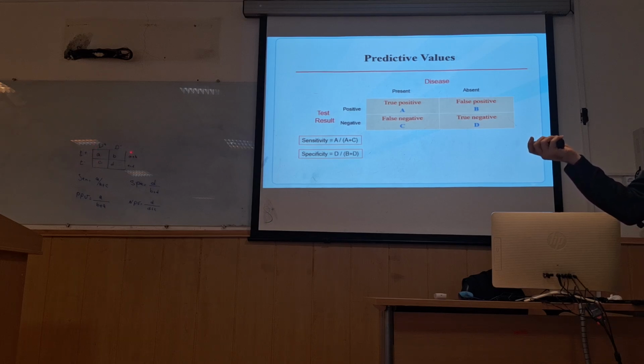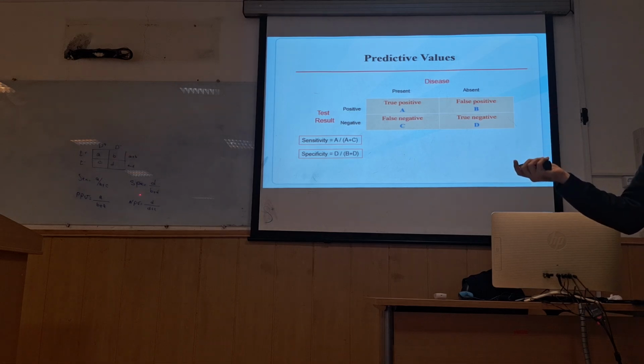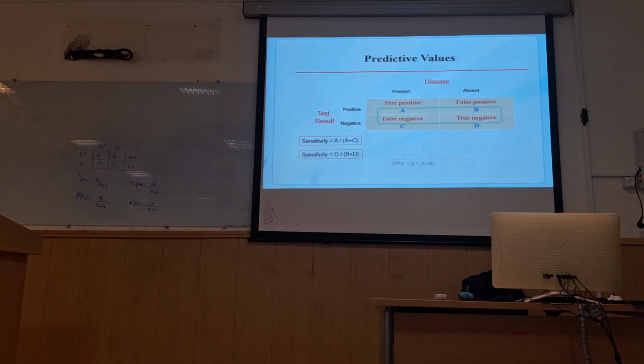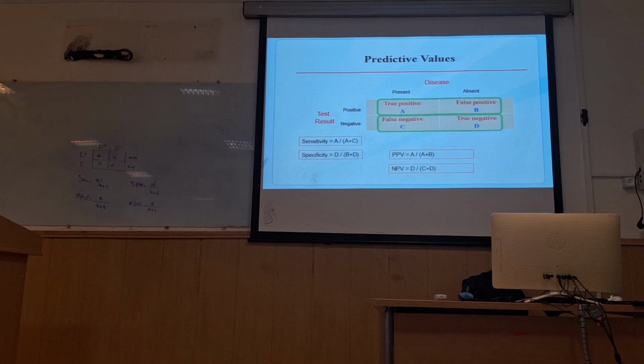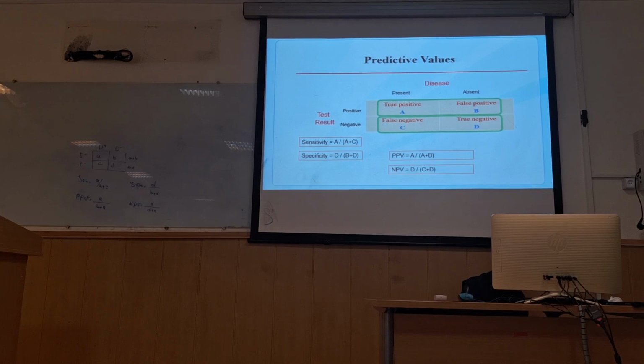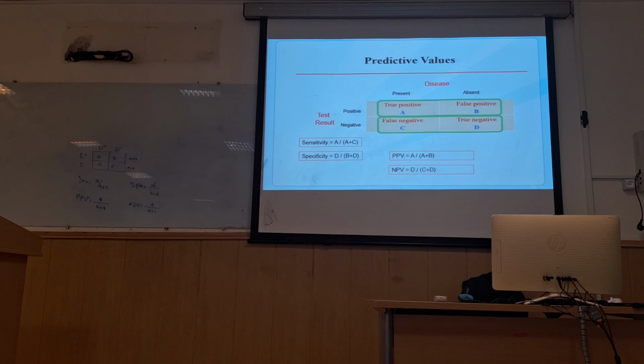Yes, A divided by A plus B. It's positive predictive value, and negative predictive value means D divided by D plus C. Please write this slide, please. It's so important. And the interpretation of these indices is very important.